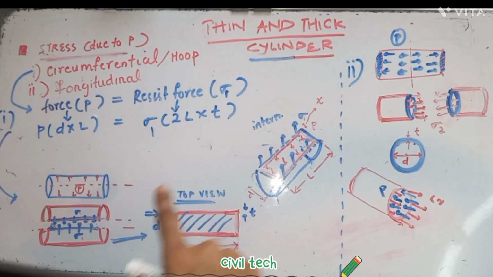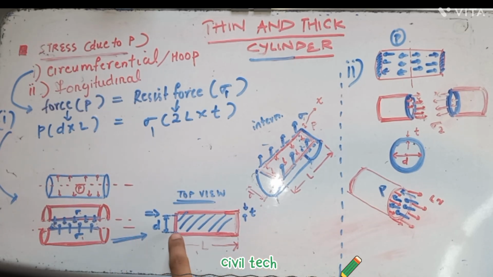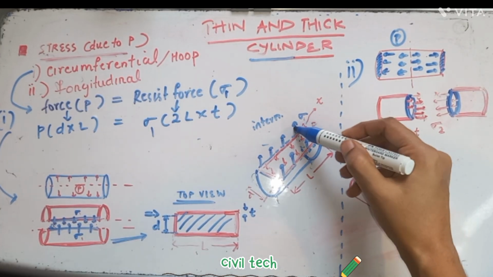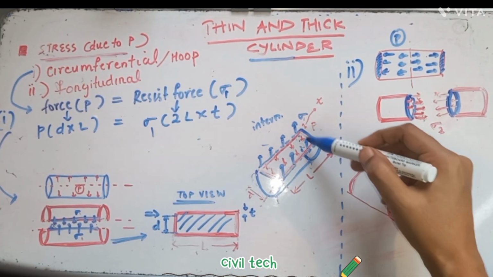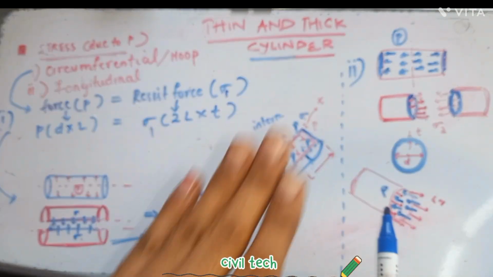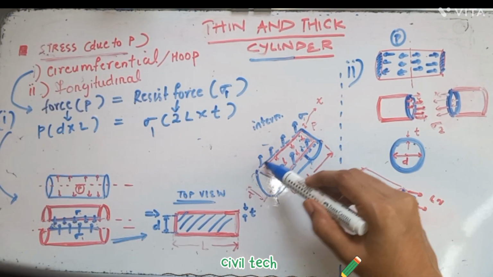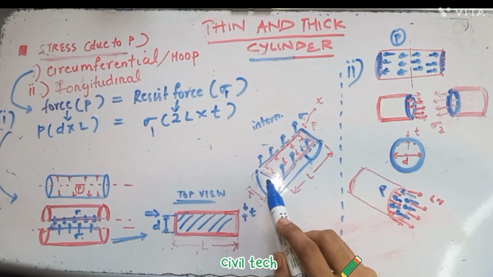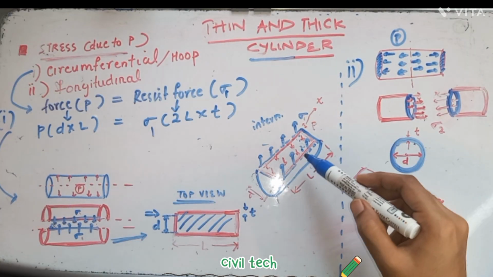Now the resistance force due to sigma 1. The stress is acting along this thickness. When we take this portion, sigma is acting upward along the length, because it is getting separated like this.